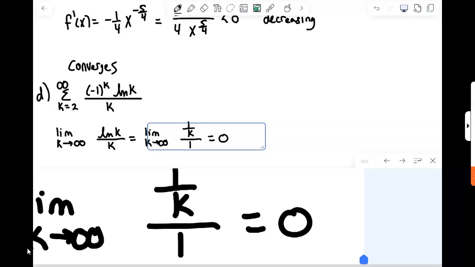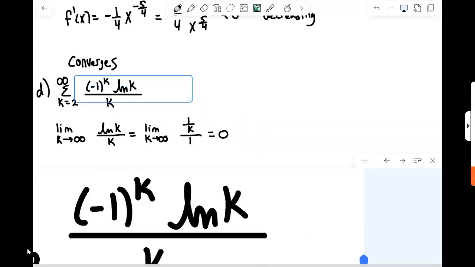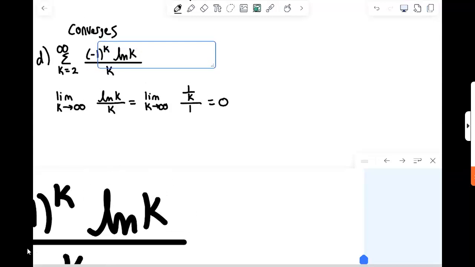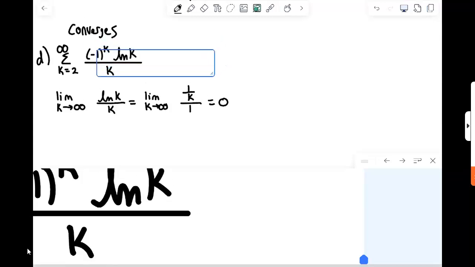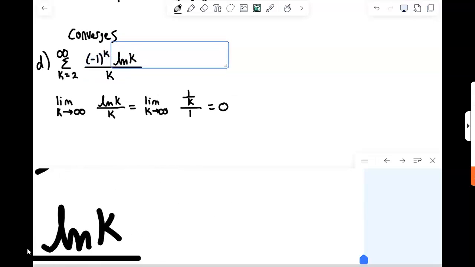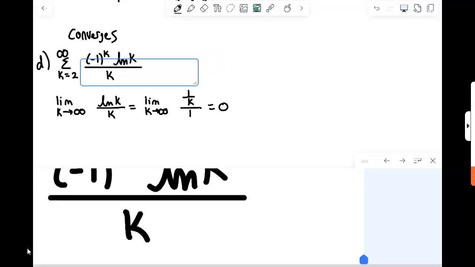So then we do come to the question, is it a non-increasing sequence? Well, you could look at this two ways. As k gets bigger, we know ln of k grows slower than k, because k is a polynomial.